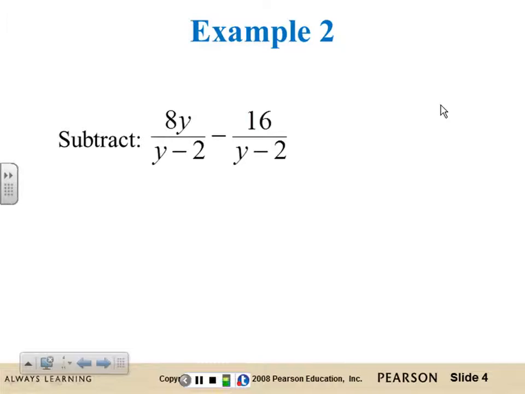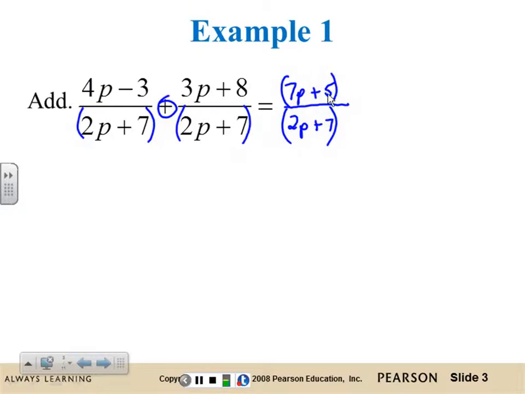Same thing with subtraction. We're going to combine the tops, combine like terms. There aren't any like terms, so we just write down what we see, 8y minus 16 over that common denominator. At this point I want you to notice that we can reduce this problem.